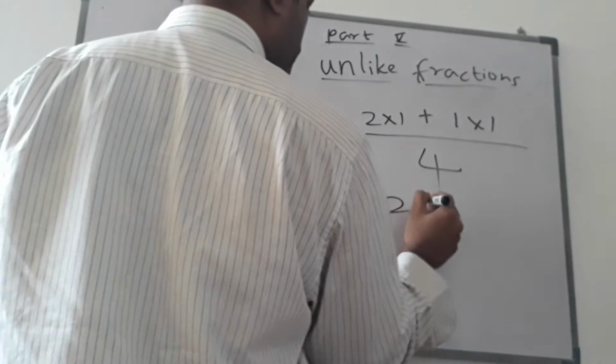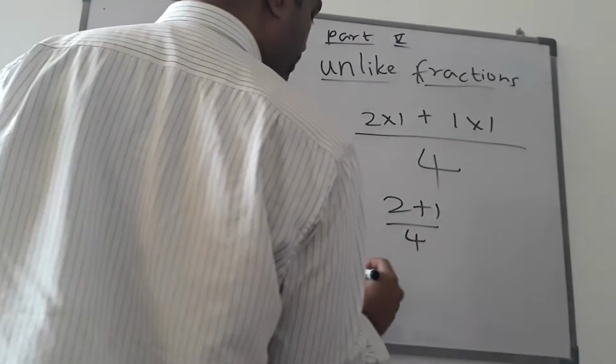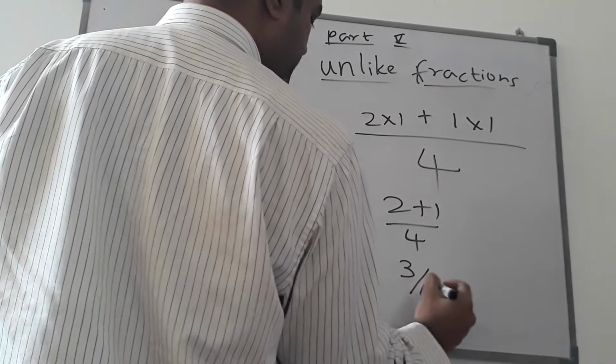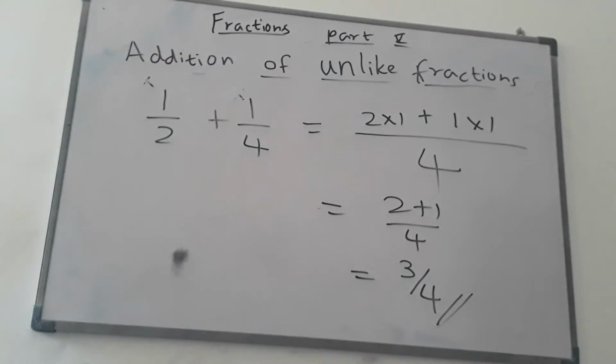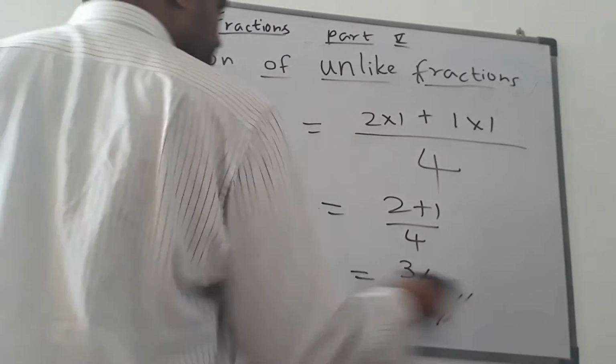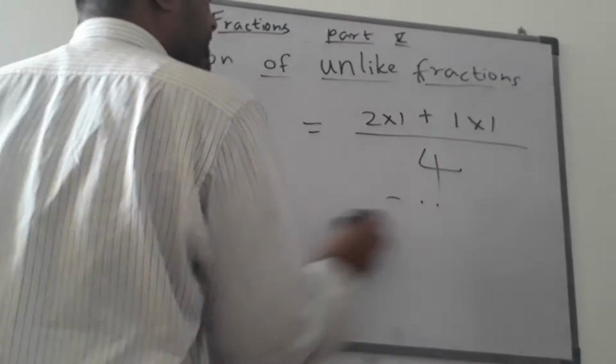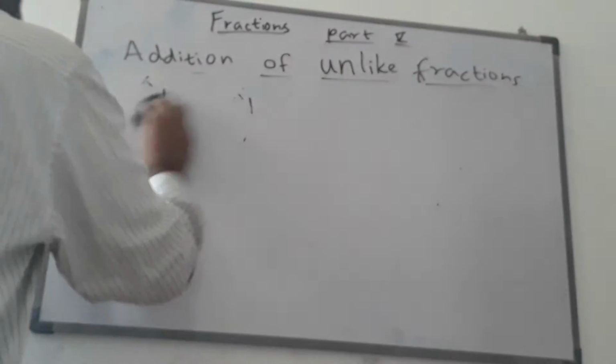Then 1 times 1. So it will be 2 plus 1 over 4. The answer is 3 over 4. Keep it in mind. We will do more questions, then you will be in a position to understand this more.